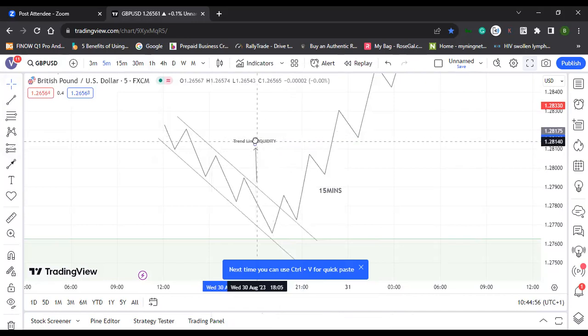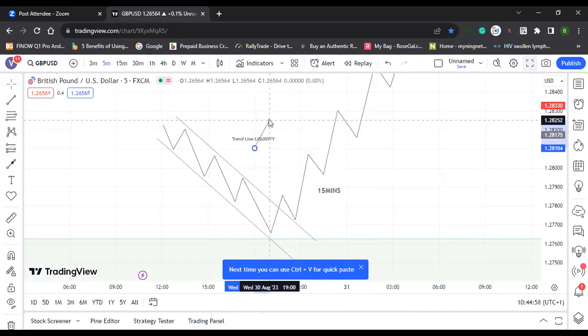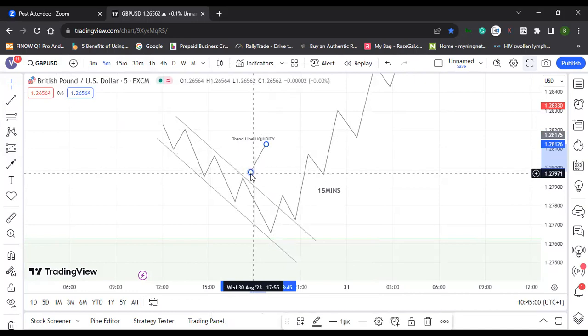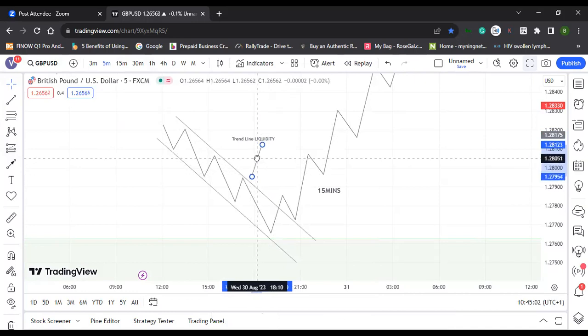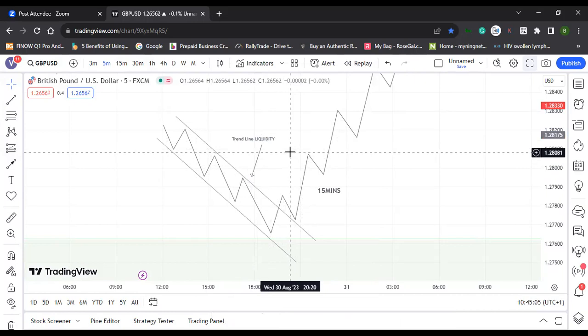This is trend line liquidity. Sorry, it's supposed to be this way. So this is trend line liquidity.